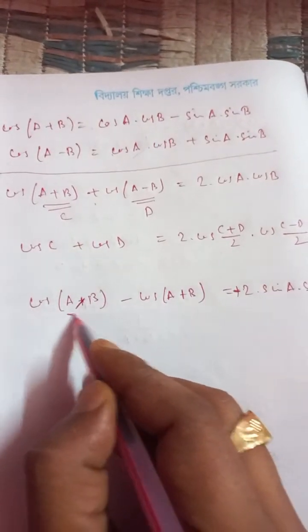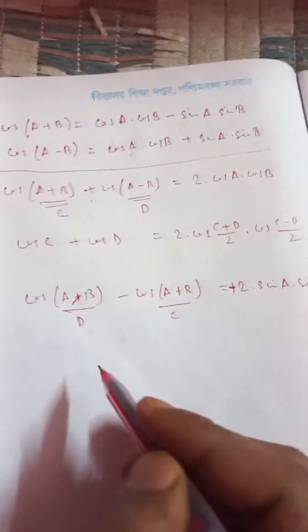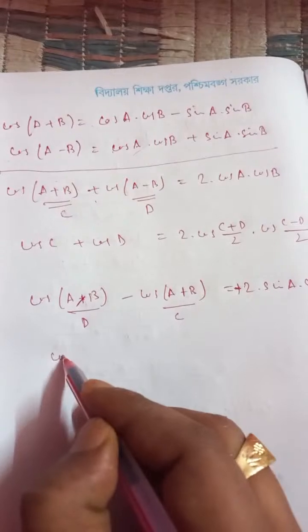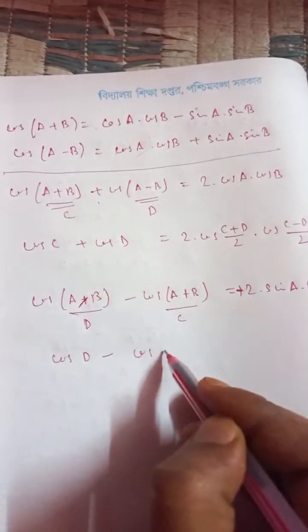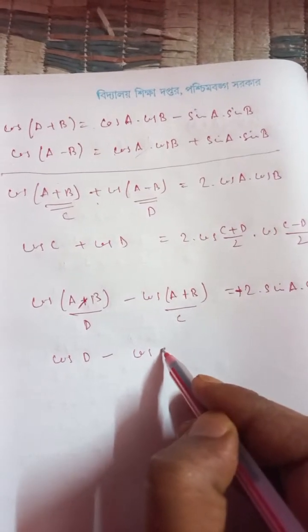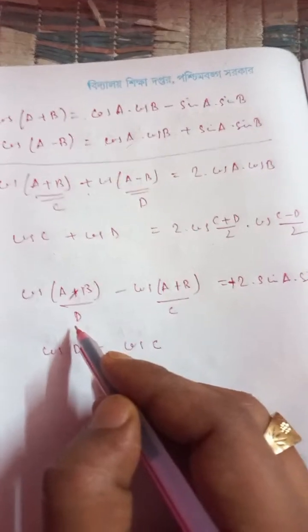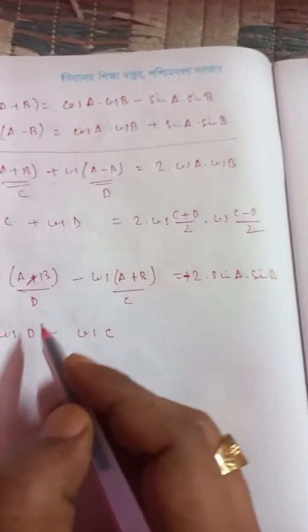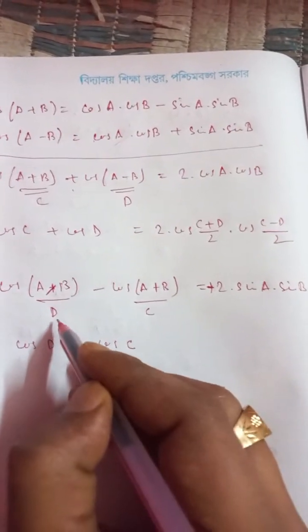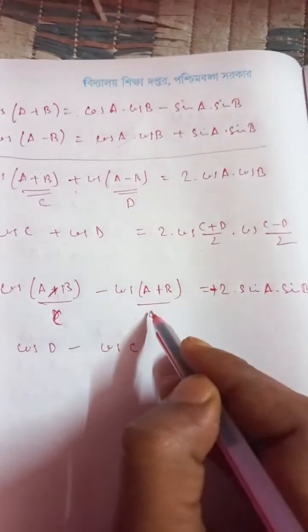And if you take this is D, this is C, then it will be cos D minus cos C.